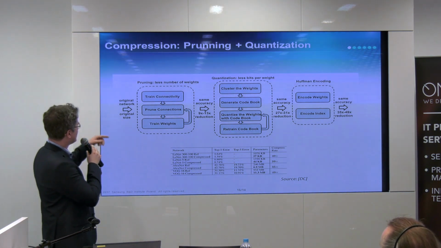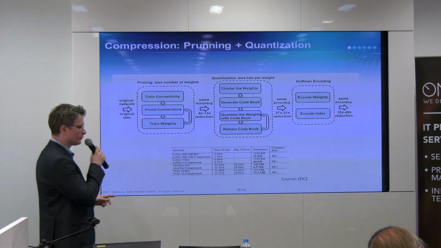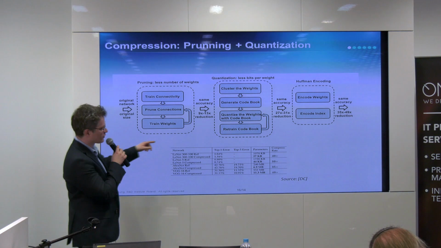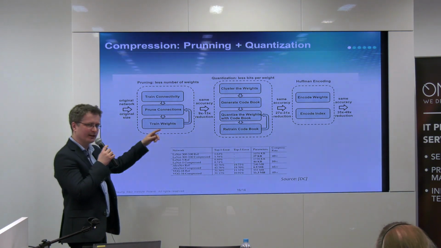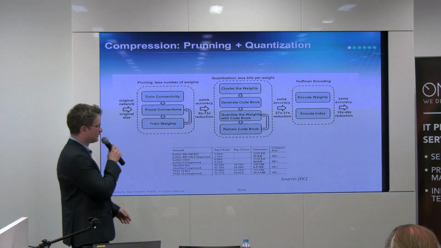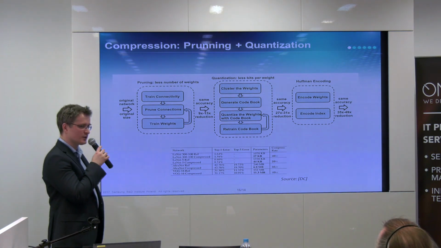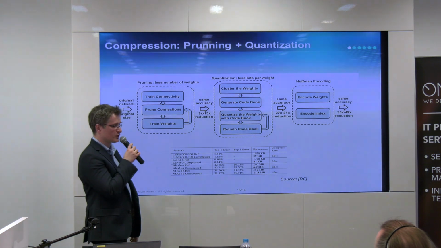First they do pruning: they train the networks, then prune the connections, retrain, prune and retrain, until they find that there's nothing more to be done, and they get a 9 to 13 times reduction in size. Then they use quantization.